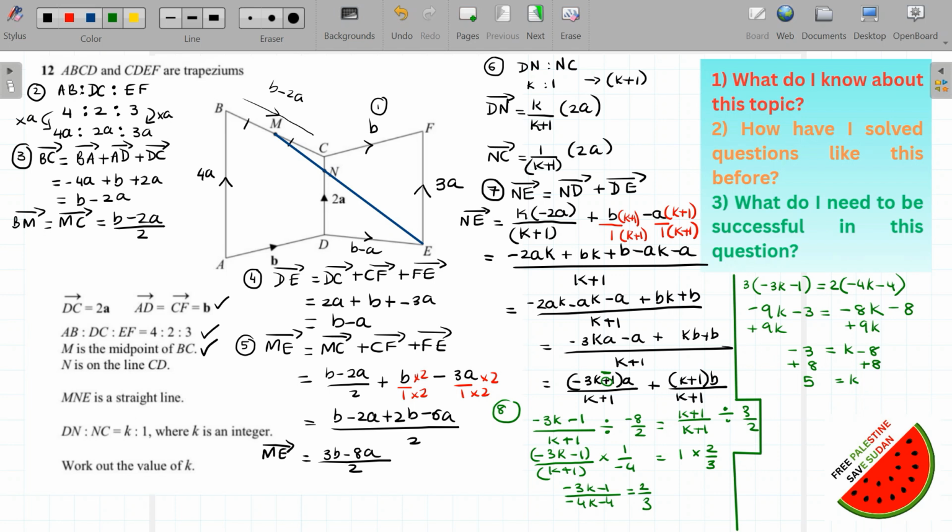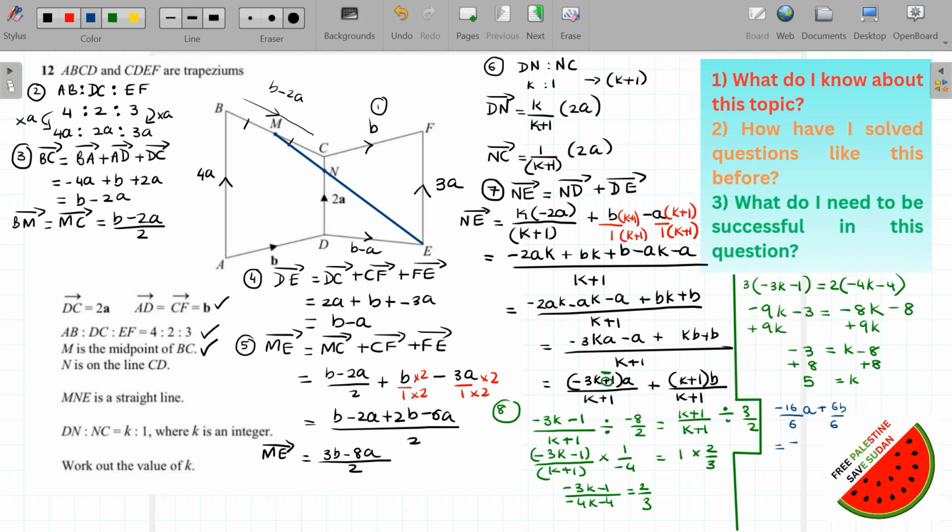So if k was 5, minus 3k would be minus 15, minus 1 would be minus 16, over k plus 1 would be 6. So that would be the coefficient of a, plus k plus 1, that would be 6b over 6.